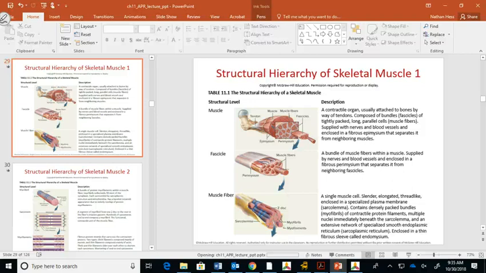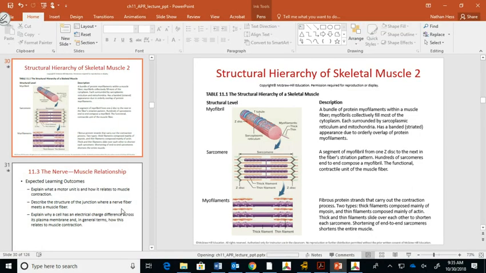Now, if I zoom in further, if I pull out one of those myofibrils, that myofibril has these little filaments in them, the thick and the thin, covered by that sarcoplasmic reticulum, with the T-tubules on the ends.